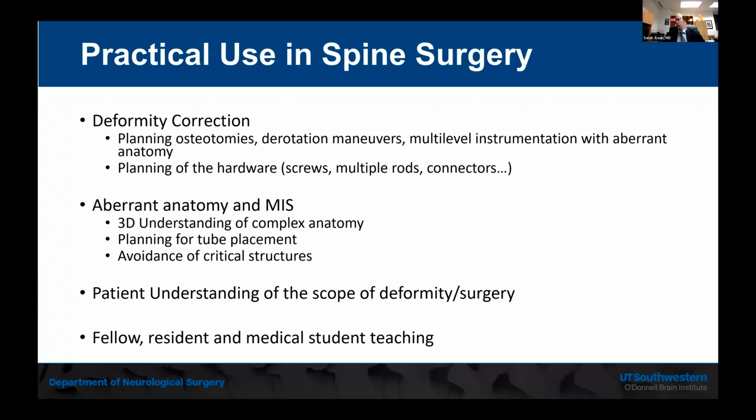One, they understand how bad their deformity is, because it's hard to understand that unless you've felt the model and seen it live. Two, it makes them much more compliant with the restrictions we give them after surgery, because they understand what kind of work is needed to make them better. So they're more compliant with their physical therapy, more compliant with the restrictions of limitation, and much more compliant with the brace that we ask them to wear.